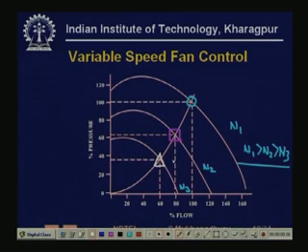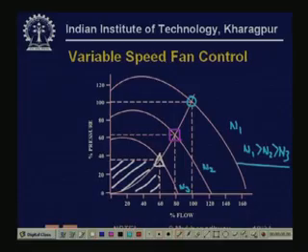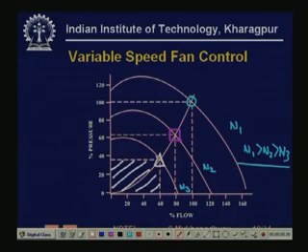So, what happens to the power requirements now? The power requirement for the last one is this. Previously, as we were reducing flow, pressure was going up, so the power was not falling. Now, as we are reducing the speed, it is not just that the flow is reducing, the pressure is also falling, and very rapidly too.